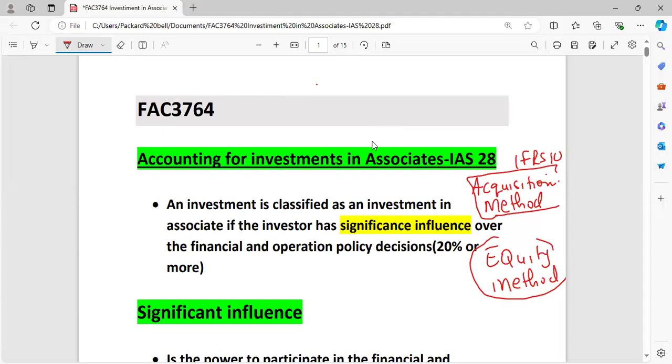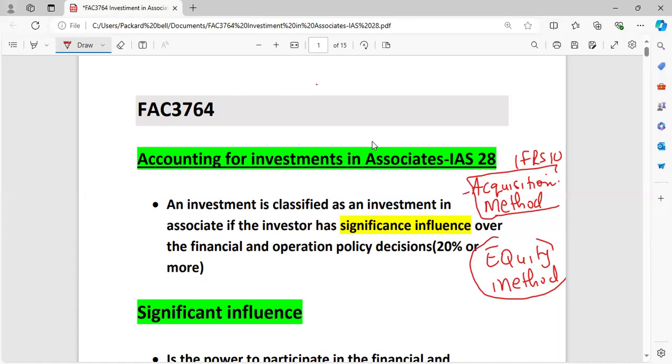So you should always look for this when you are answering your question. Most of your questions will combine the acquisition method and the equity method, which means you should look for the acquisition and also look for the equity method. How do you differentiate the acquisition method?